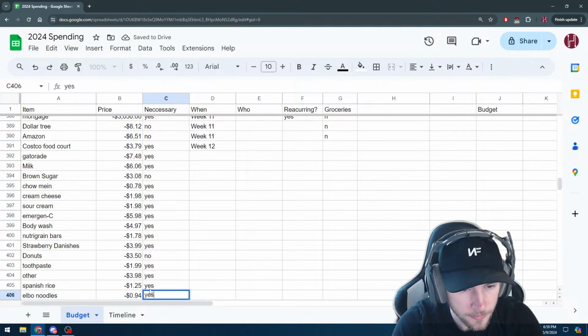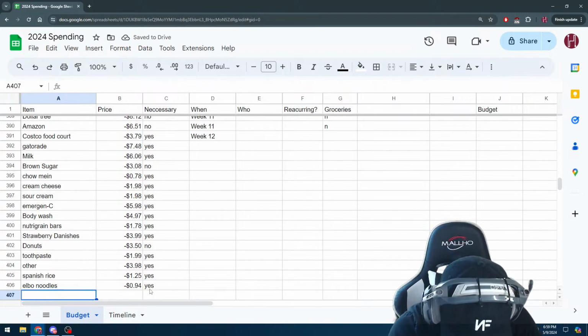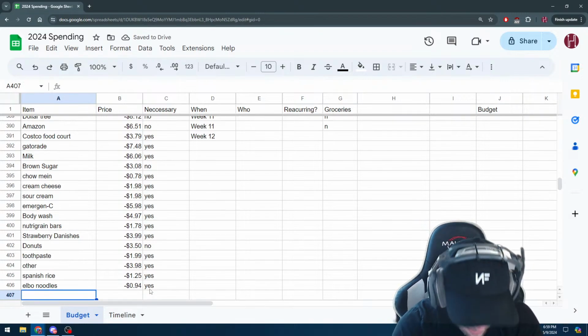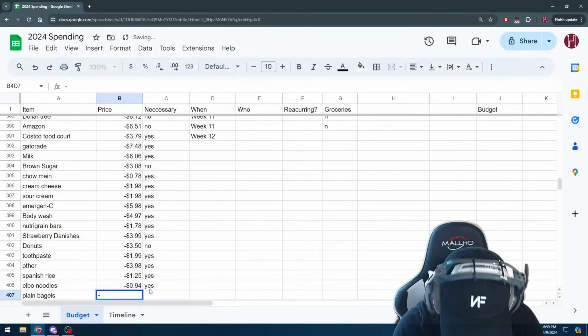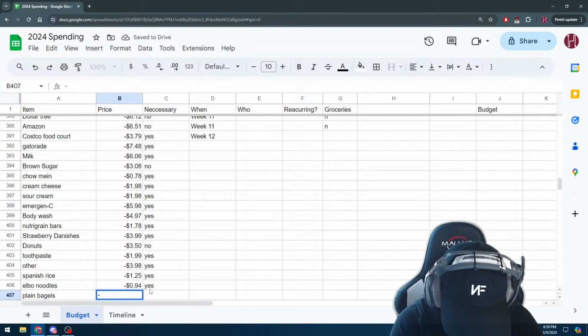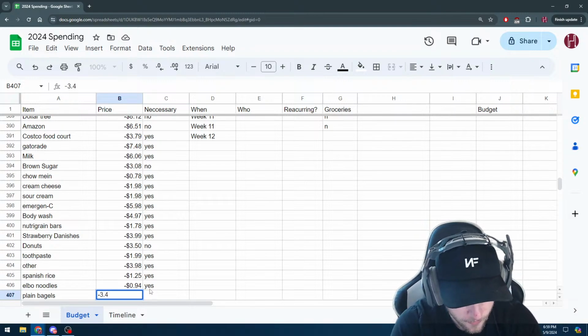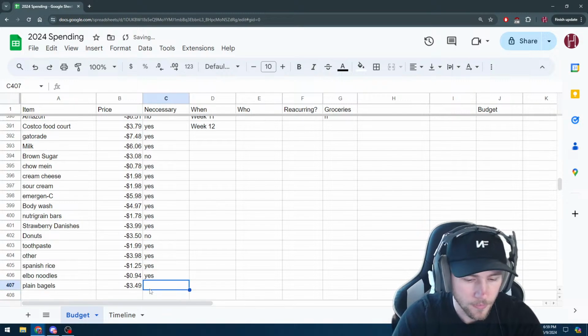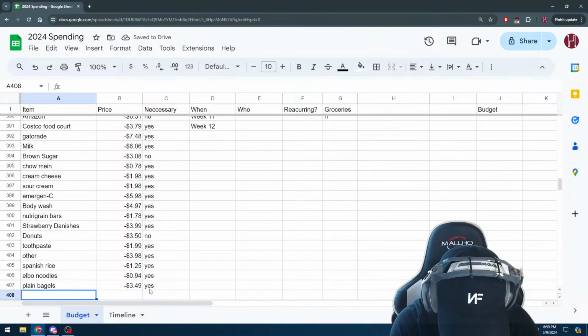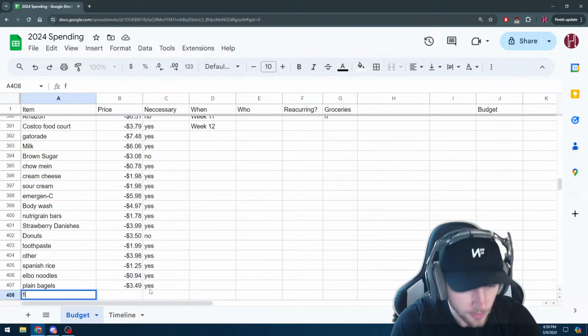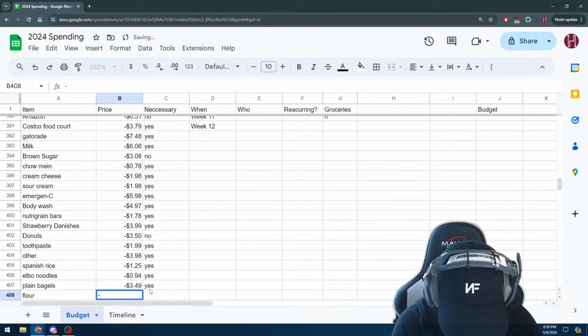What are we looking at? Plain bagels. Yeah, that's how they spell bagels. Minus 349. This looks like flour. Although we have flour, so maybe it's not flour. Oh, they're tortillas.